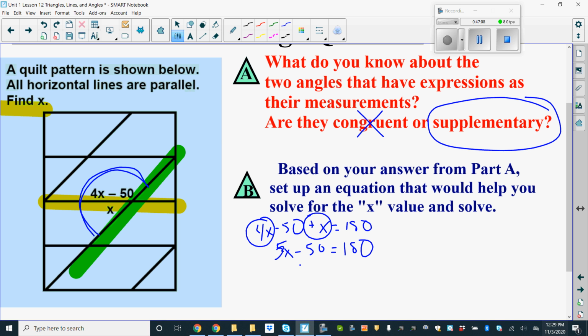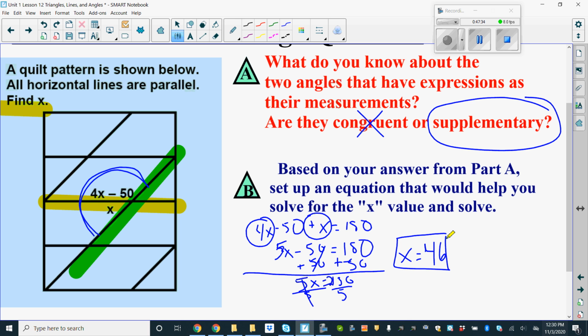You add 50 to both sides to get the variable alone, and you're left with 5x equals 230. Divide by 5 on both sides, and you're left with x equals 230 divided by 5, which is 46.